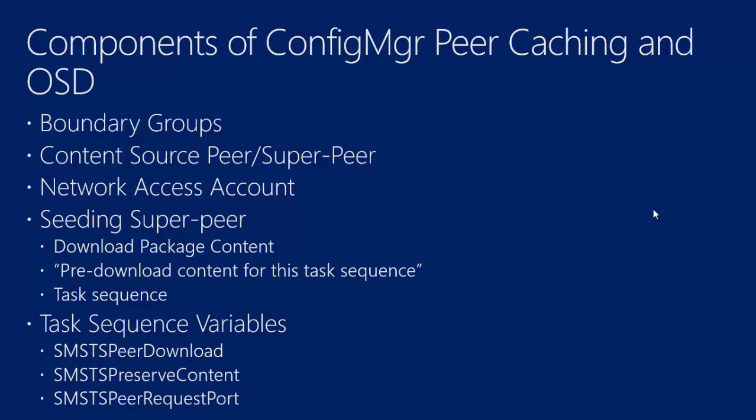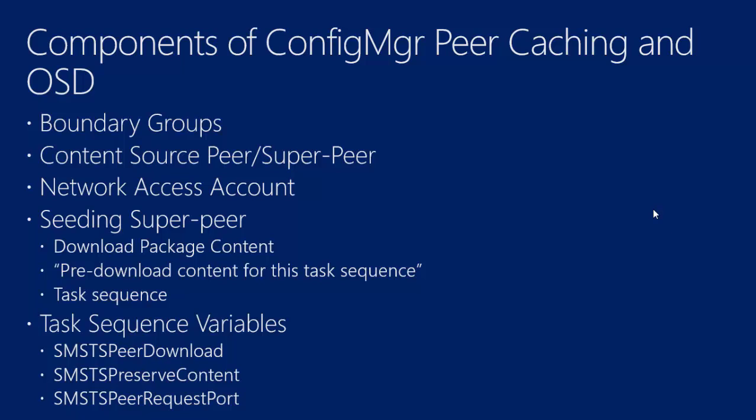It doesn't support all content types, specifically doesn't support application content, but up to you. It's a tool in the tool belt. You can even have multiple download package content steps and execute which one you want by conditionals if you want to, right?